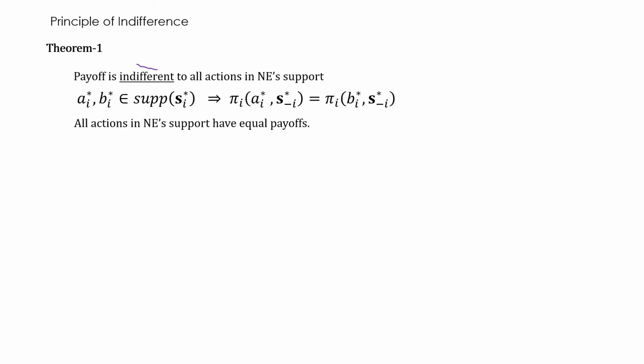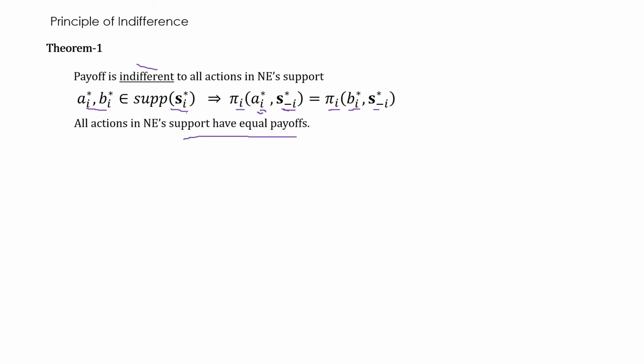In other words, if a_i star and b_i star are two actions in the support of s_i star, then the payoff pi_i given a_i star, given the opponents are playing the Nash equilibrium strategy, is the same as that of agent i when playing b_i star, and again as long as the opponents play s negative i star.